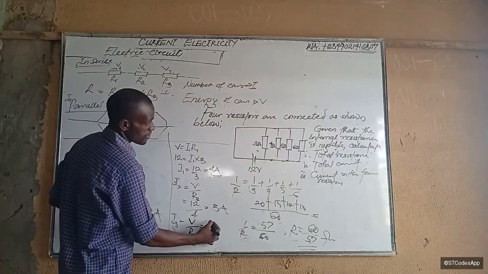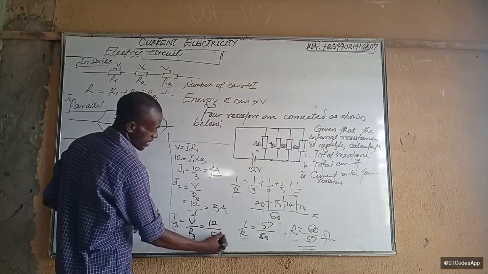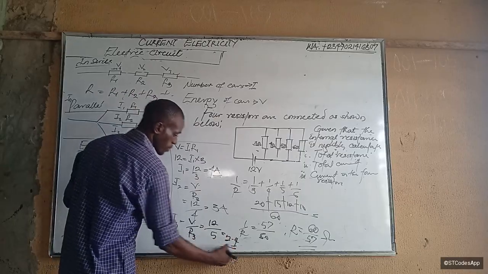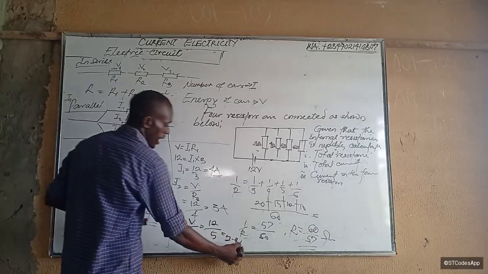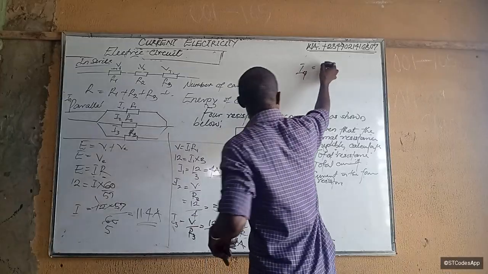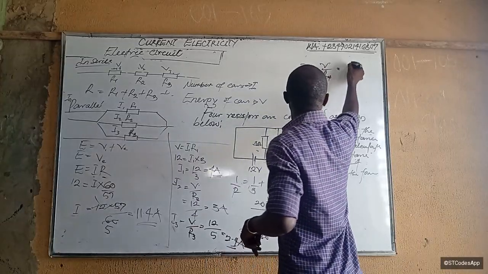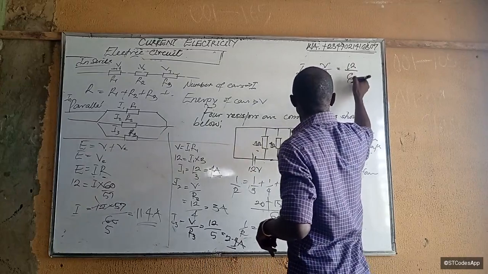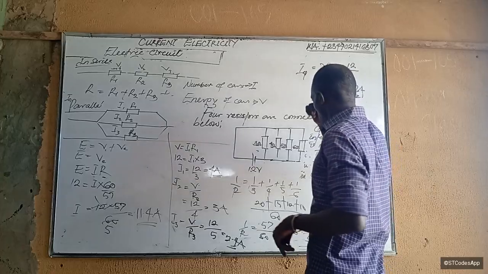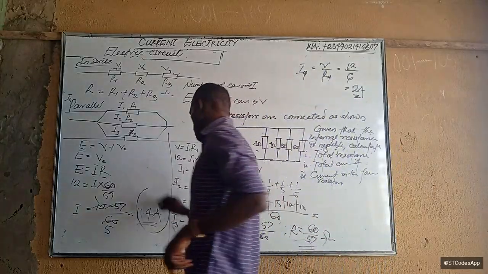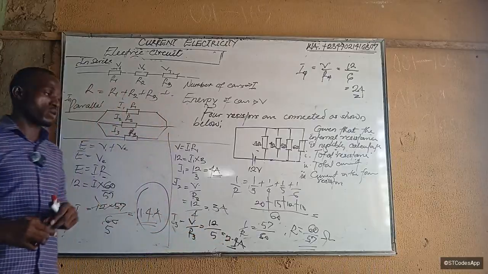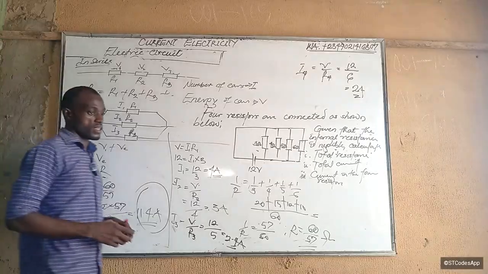V is 12, R3 is 5, so that is 2.4 amperes. Then for the last one, I4 will be V over R4, which is 12 over 6, and that is 2 amperes. By the time you add it all up together, 4 plus 3 plus 2.4 plus 2, you see that it gives you the total current delivered, 11.4 amperes.